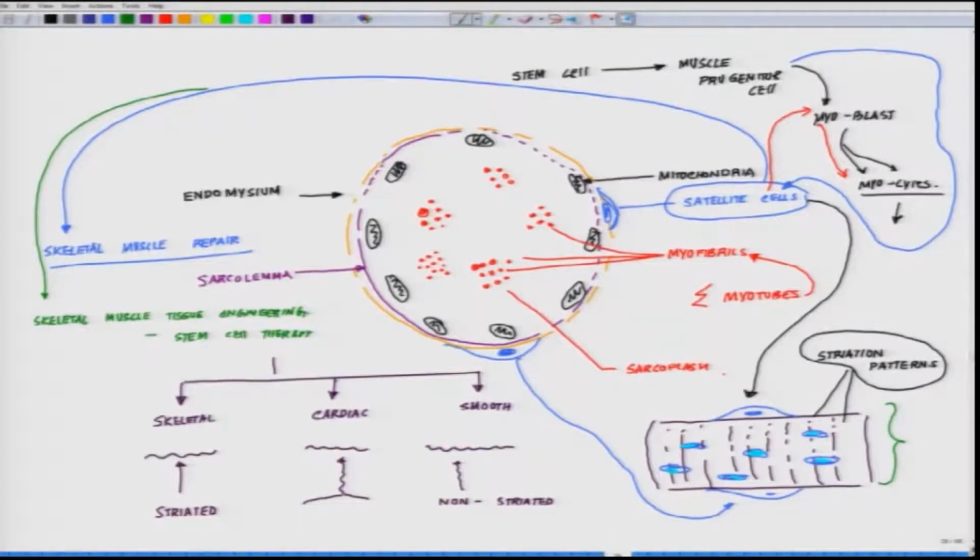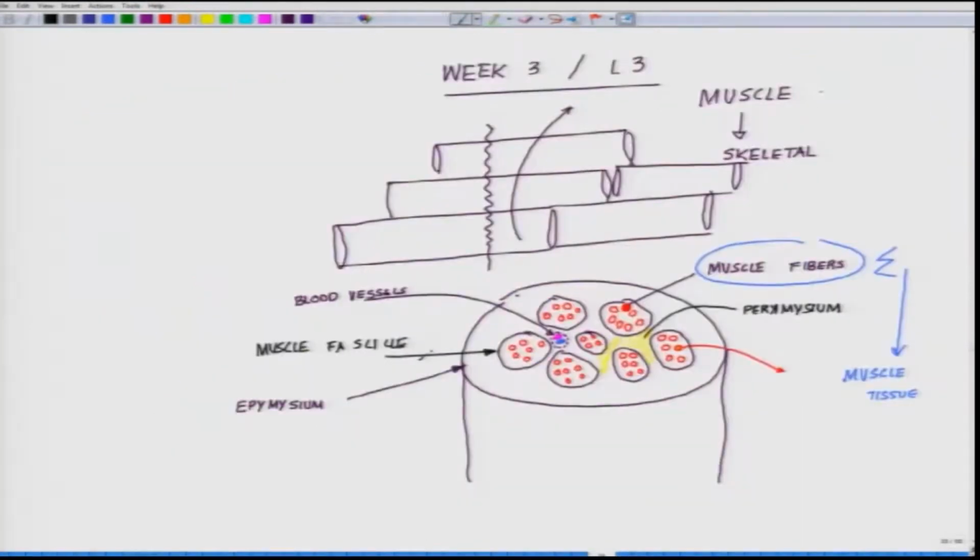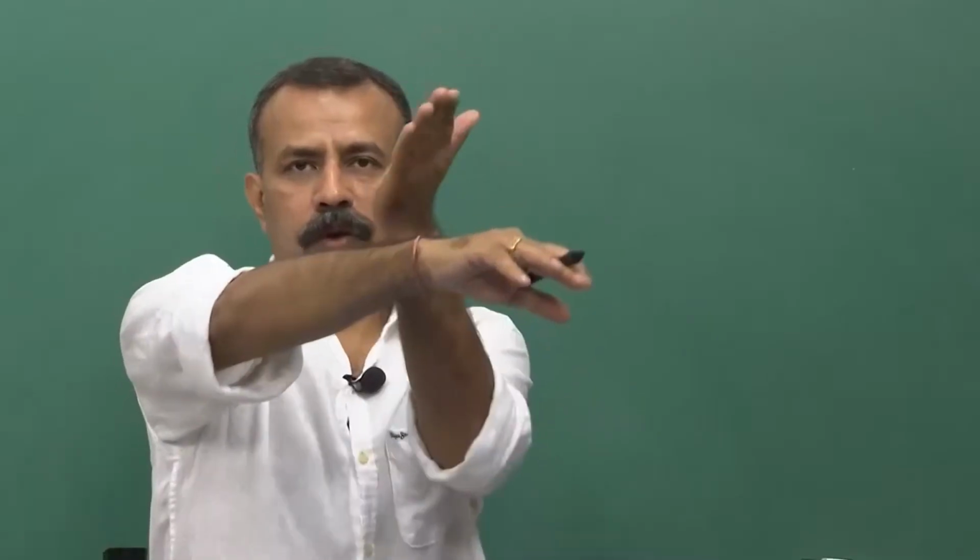In the previous slide, I drew this drawing, right? Remember? Now, I will make this drawing a little bit more anatomical, that will give you an idea. If you take a muscle like this and you have a cross section like this from the side, I told you the view will be something like this. Okay.